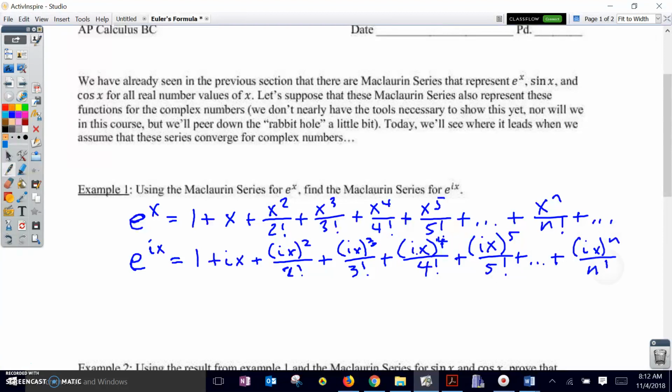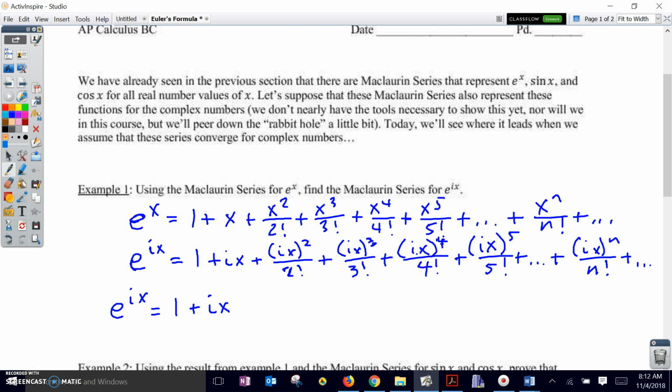And some interesting things happen when we develop this series. If we look at the expansions of each of these terms, we can now write this as e to the ix equals 1 plus ix. And then the term quantity ix squared over 2 factorial is i squared x squared over 2 factorial, and we should all know that i squared is equal to negative 1.